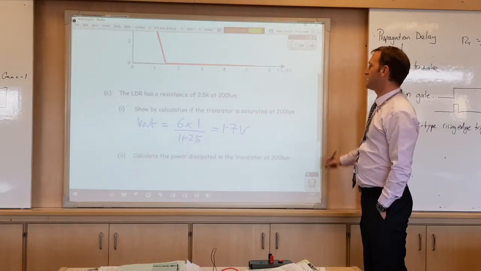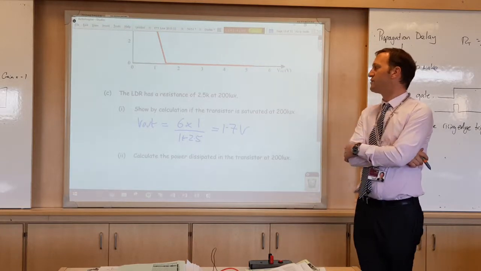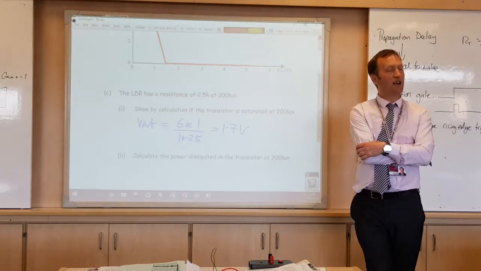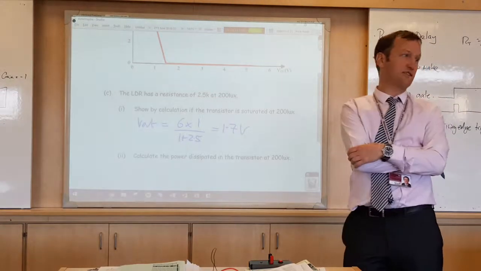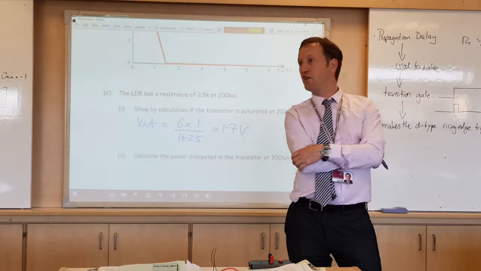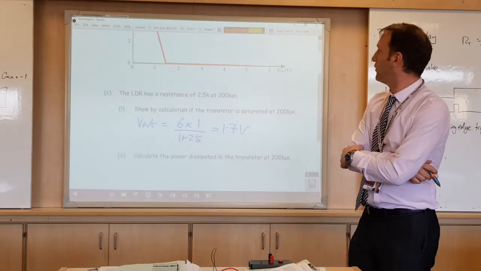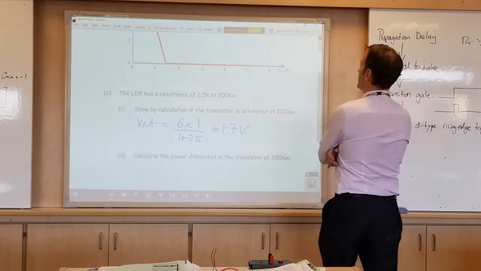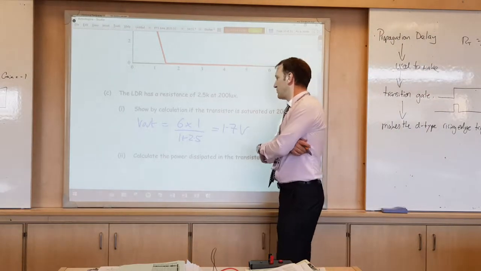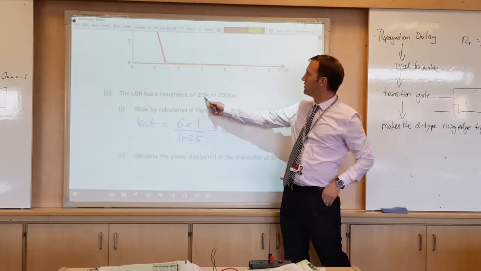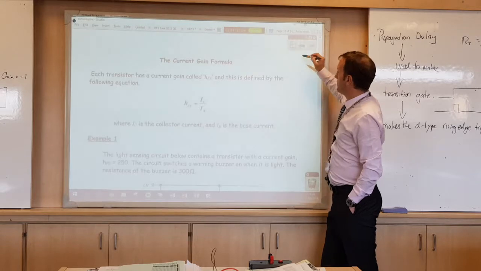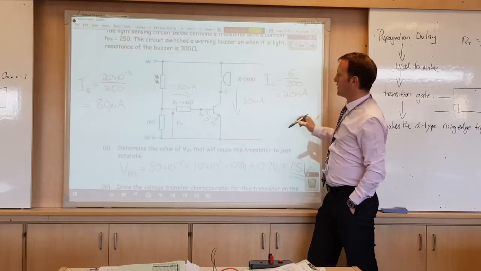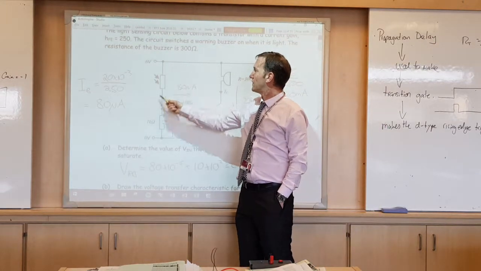The LDR has a resistance. This is where it gets into Thevenin's and loading transistors. This is why I like MOSFETs, because you don't have any current flowing into the base. You just use voltage, so you don't have to worry about this. But we're going to show by calculation the transistor is saturated at 200 lux. So we know that that's 2.5K. If we go back to here, we're making that 2.5K.